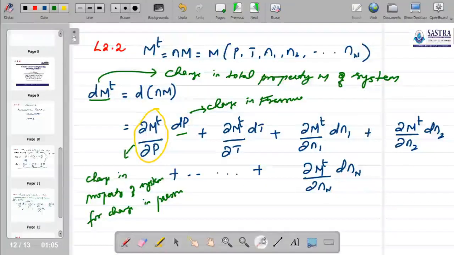Similarly, this term denotes the change in temperature, and this term as a whole denotes what is the change in the total property of the system for change in temperature.